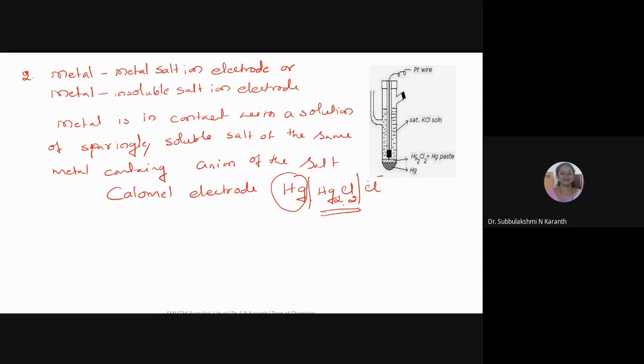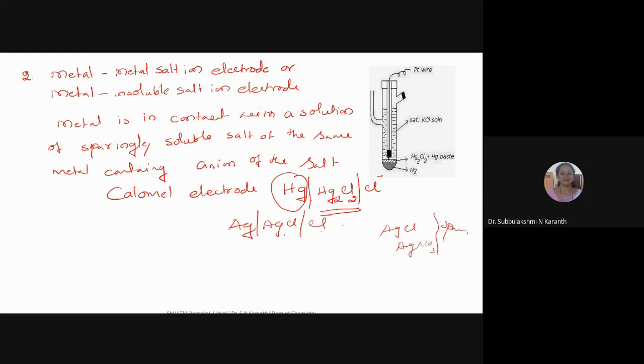Another electrode is Ag | AgCl | Cl-, the silver chloride electrode. Here silver chloride is a sparingly soluble salt. In the silver chloride electrode, we take silver metal dipped in an AgCl solution, which contains a little quantity of AgNO3, so it forms a sparingly soluble salt.